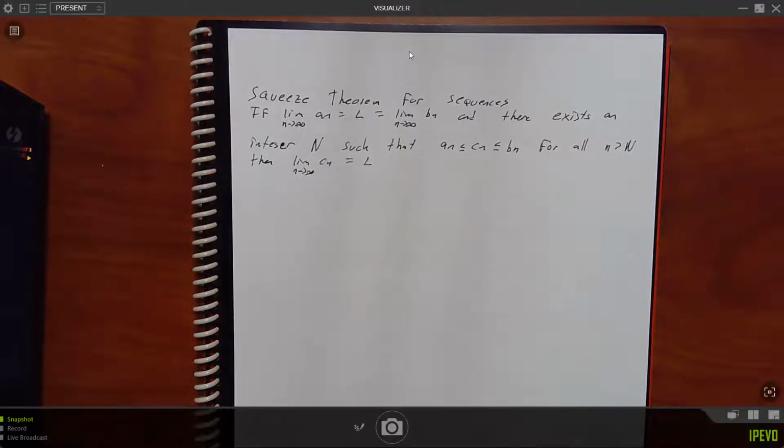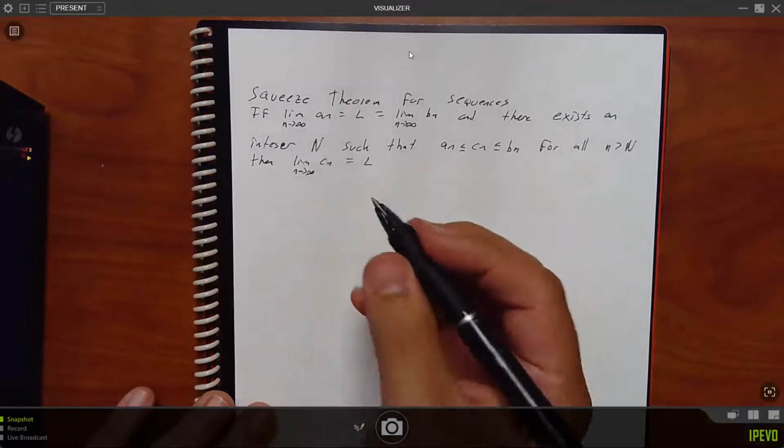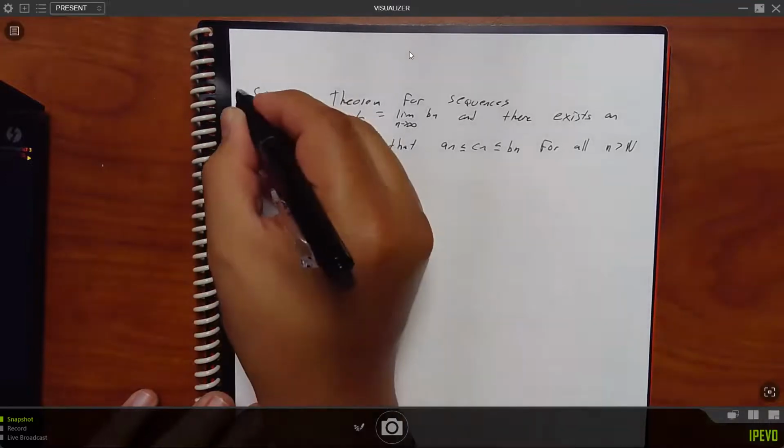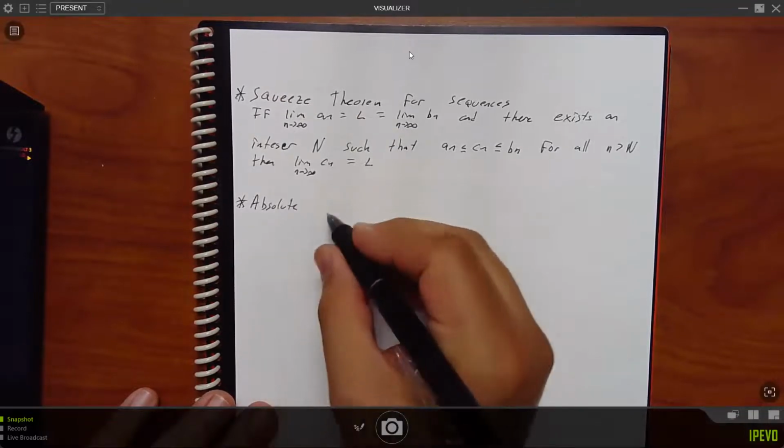This is how they came up with that. Do you remember this? Number one, absolute value theorem.